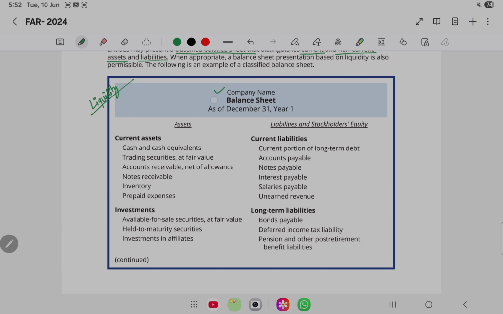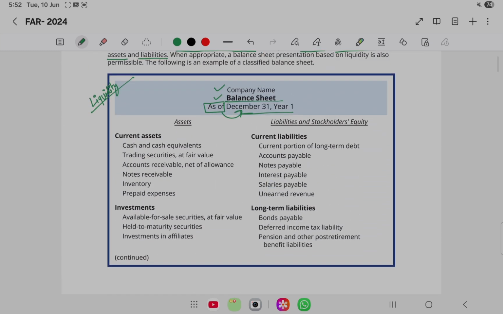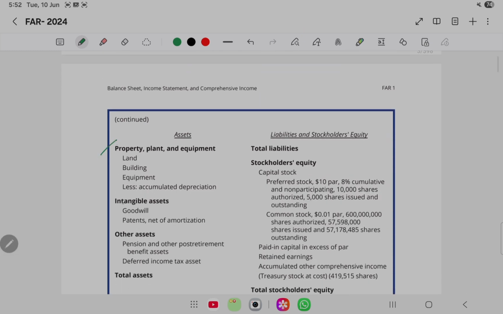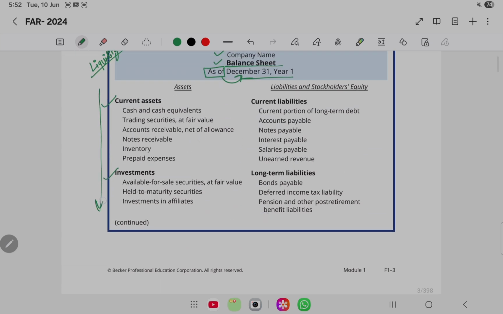First of all, the company's name, then we write the balance sheet, as of a particular date. Normally in the US the calendar year is followed, so we will use the calendar year. This balance sheet is based on the liquidity format. In the order of liquidity, we have current assets, after that investments, after that PPE, intangibles and other assets.